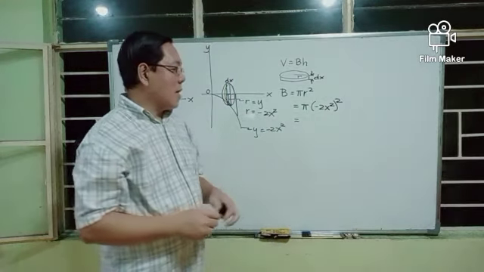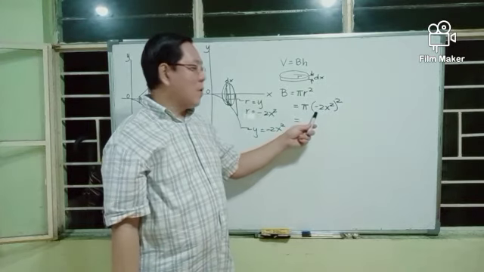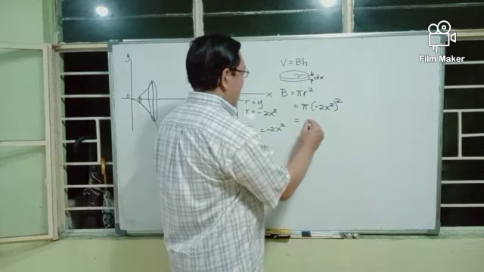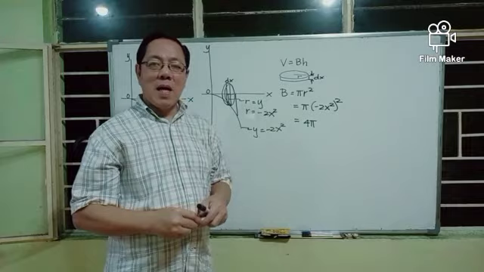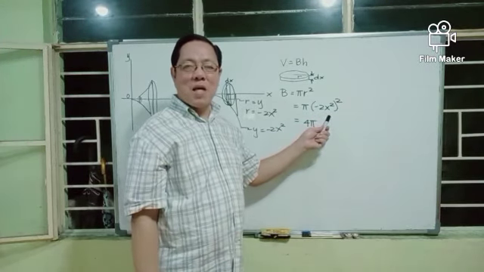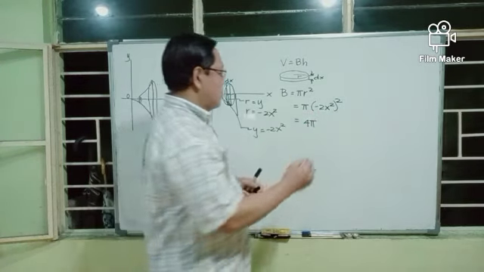And we simplify. The square of negative 2 is positive 4, multiplied by pi is 4 pi, multiplied by the square of x squared, using the property of exponents. The square of x squared is x to the 4.